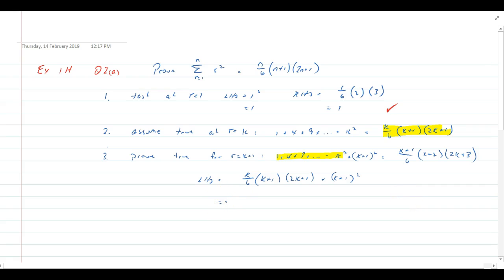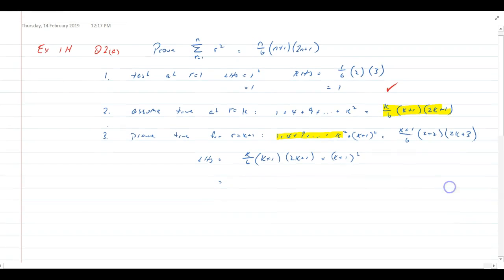Now, what I did at this point was a little clumsy. We're pulling out k plus 1 over 6 to start with, which I reckon is just too big a leap. And there was a little bit of confusion certainly on my part as to how it then rolled out to get us what we wanted.